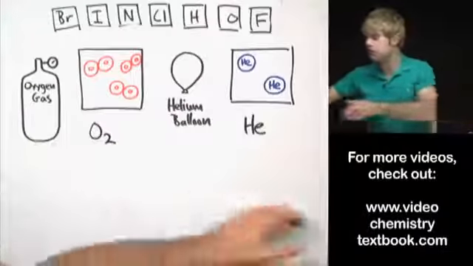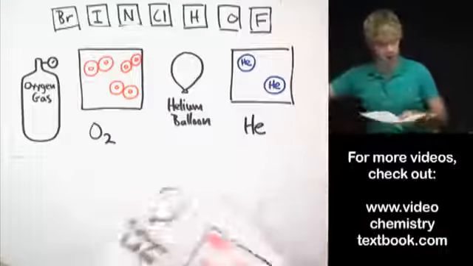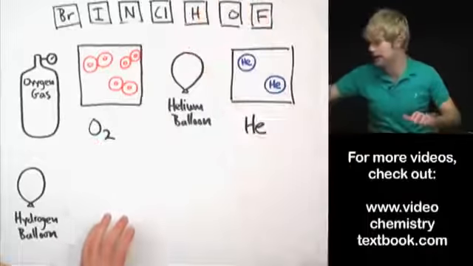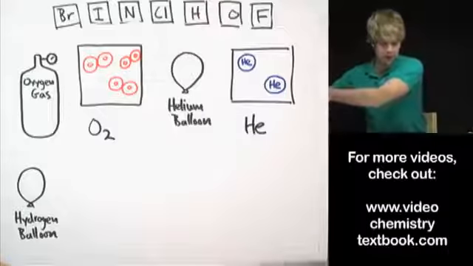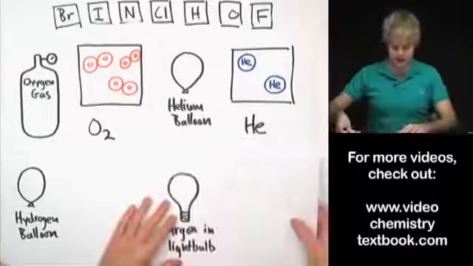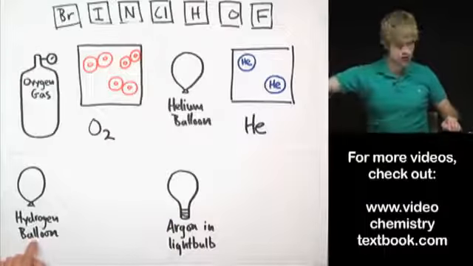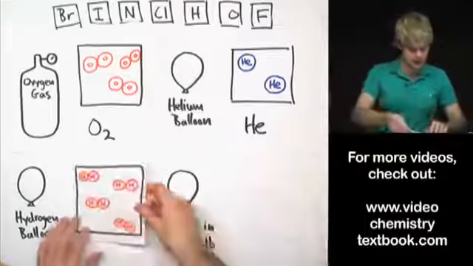Just to give you 2 more examples, particularly of the writing of the chemical formulas here. I got a hydrogen balloon. You can also put hydrogen in a balloon. And then I've got a light bulb that has argon in it. Argon is a gas that's in light bulbs. And here is what the hydrogen would look like if I could zoom in on it.